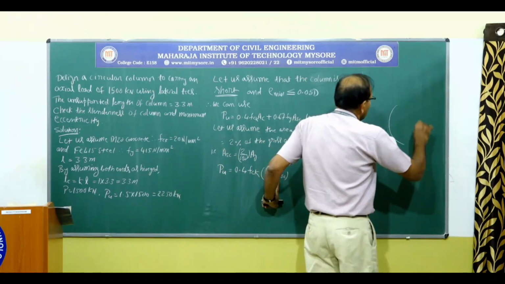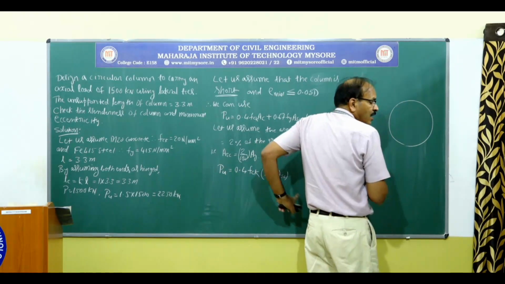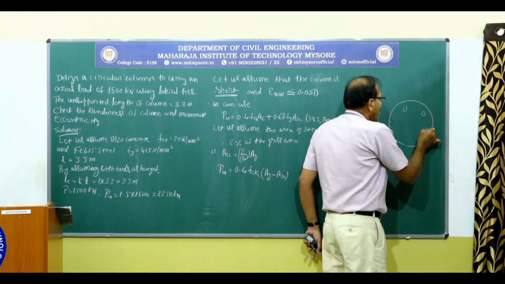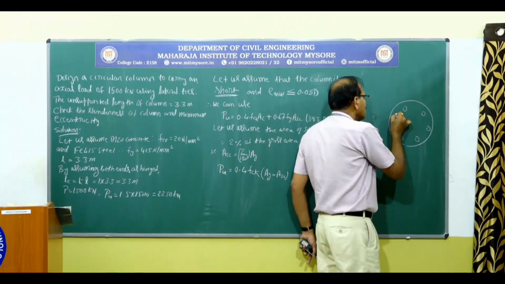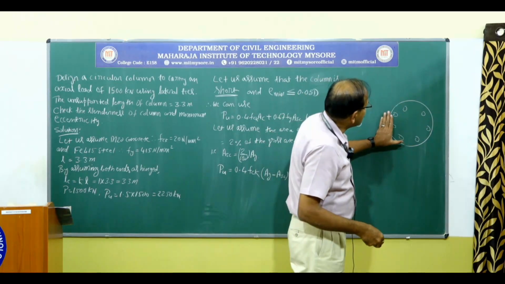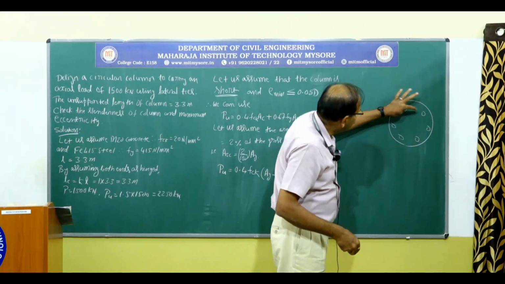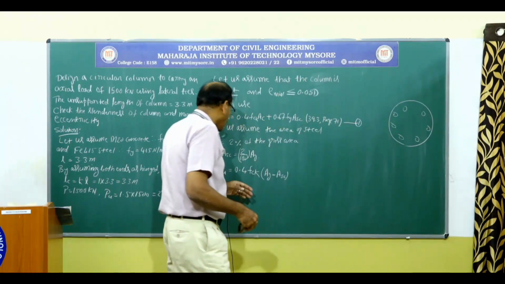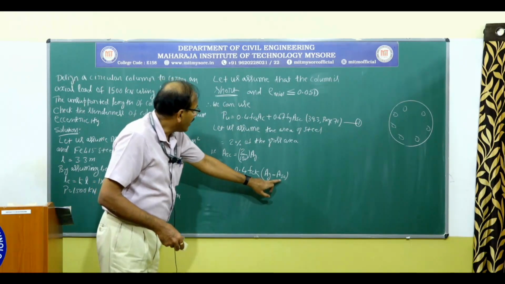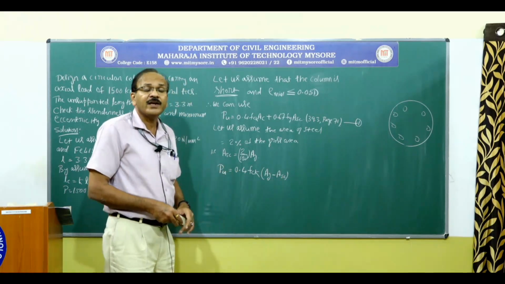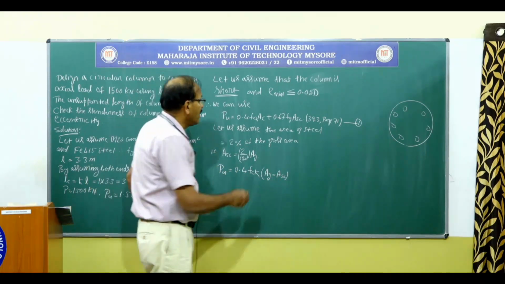If this is the gross area of the column, circular column, we have some bars here. So area of concrete is the total area minus the area of the compression steel.